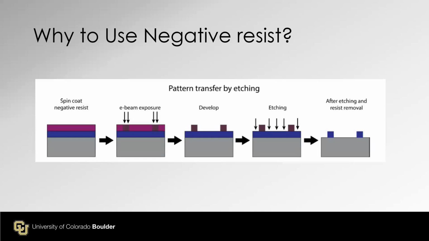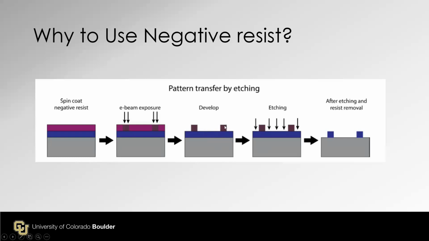Okay. So you have a substrate, and you have something on it. And you put on the negative resist. E-beam exposure: this is a negative tone resist, so the exposed area will most likely undergo cross-linking. And after development, the unexposed area will be gone.